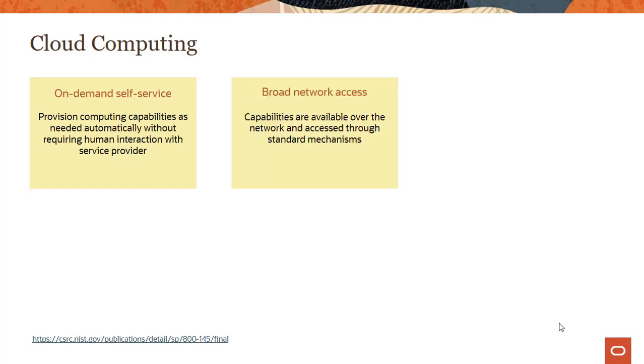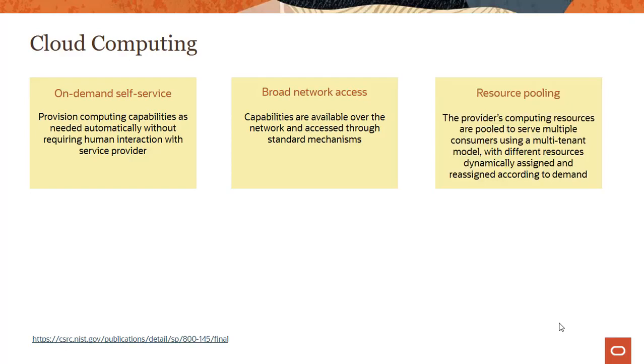It should be all based on demand and self-service. The cloud services should be available through broad network access and using standard mechanisms, the web standards. So again, you should be able to access these using a self-service mechanism, as simple as using, let's say, a web console.